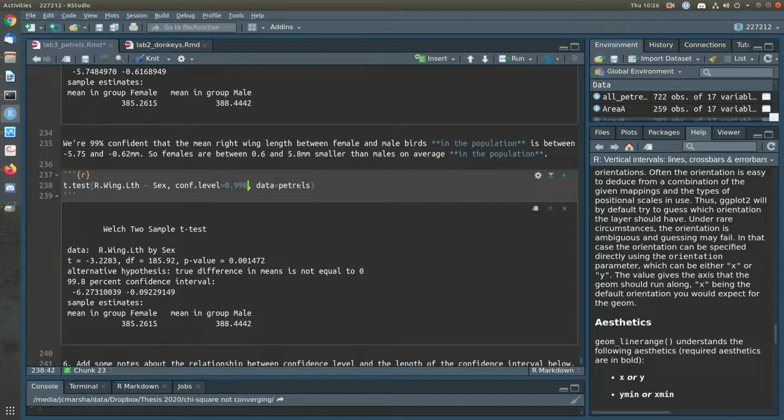So at some point, say when we go to 99.9, okay, so now the difference is somewhere between minus 6.5, so females are smaller by 6.5 units, or females are bigger by 0.1. So at some point, if we want to be super confident about what the difference is, 99.9% confident, then we've got to admit that the difference could in fact be 0.